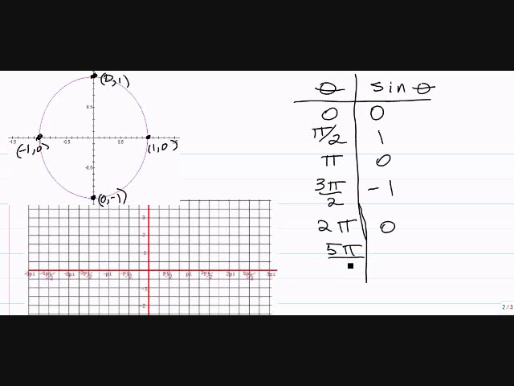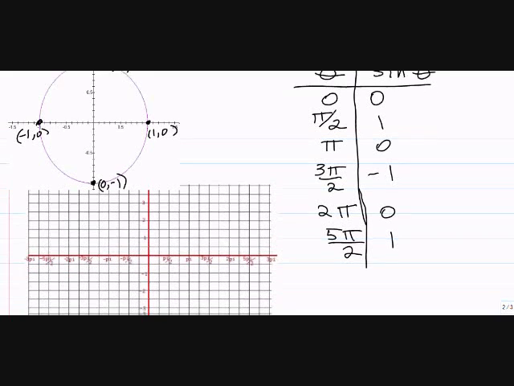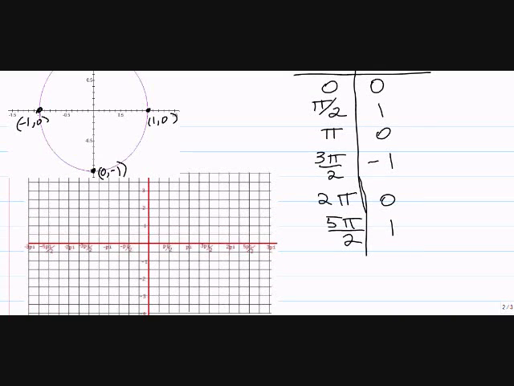So if I keep going around, I get back to the point 0, 1 at 5 pi over 2 radians, and the sine is 1. Let me keep going and hit the point -1, 0 again. How many radians have I gone around the circle now? 3 pi. And that has a sine of 0.